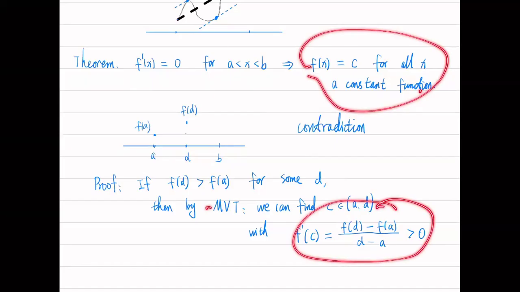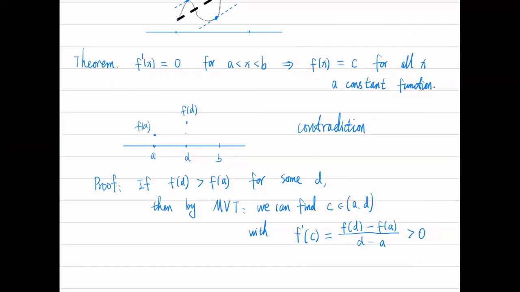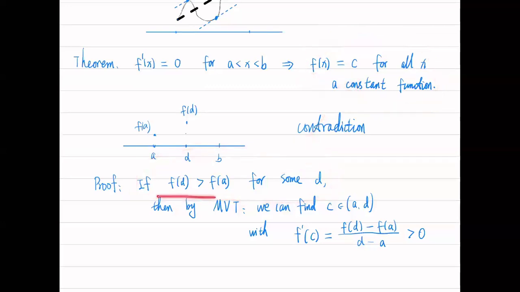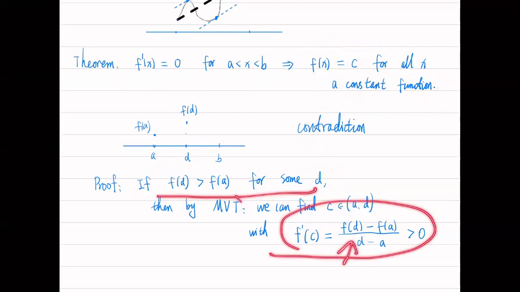Let me repeat. This is what we wanted to prove. Now we will assume the opposite of this. These two are incompatible. If we assume this, we get a non-zero derivative. Then this contradicts the condition.